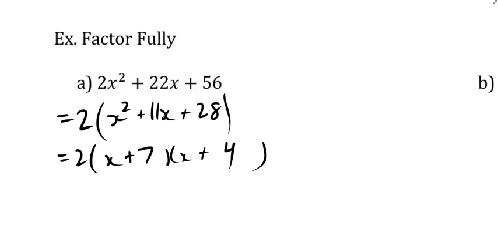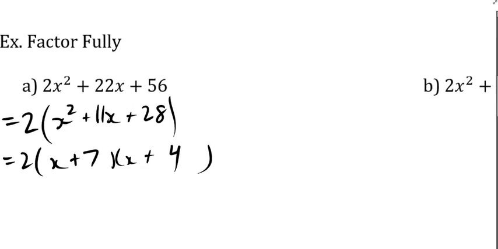That's why you always common factor first. Don't write this down, but watch. If I had tried to factor this the complex way by dancing, I need to find 2 numbers that multiply to 56, and then when I cross multiply them, they add to 22. Those are going to be big numbers.